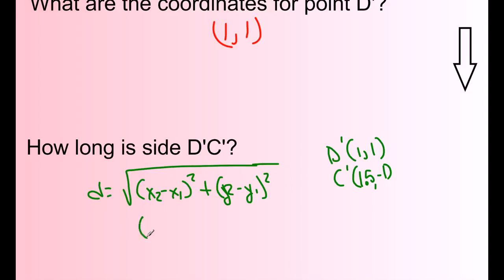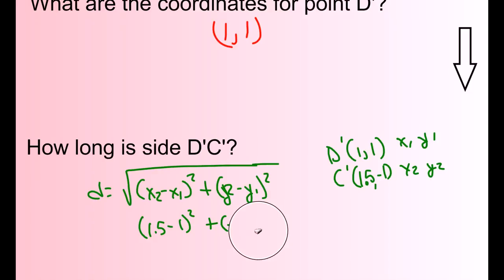Well, let's do it. I'm going to call this my x1, y1, x2, y2. So I'm going to plug in 1.5 minus 1 squared plus negative 1 minus 1 squared, and square root it all.